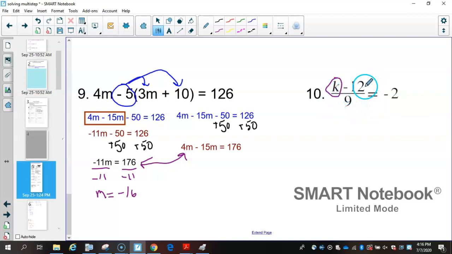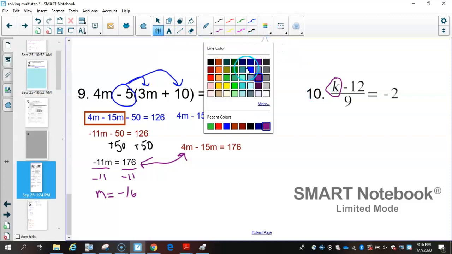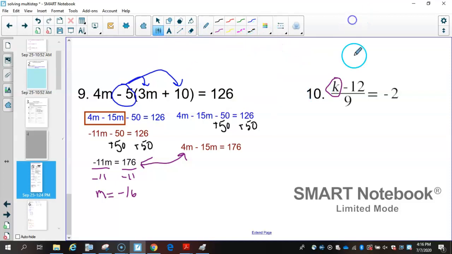You can't do anything to the negative 12 until you get rid of that 9, because this entire thing is being divided by 9. So to get rid of that 9, you have to take the inverse operation, which is multiplication.